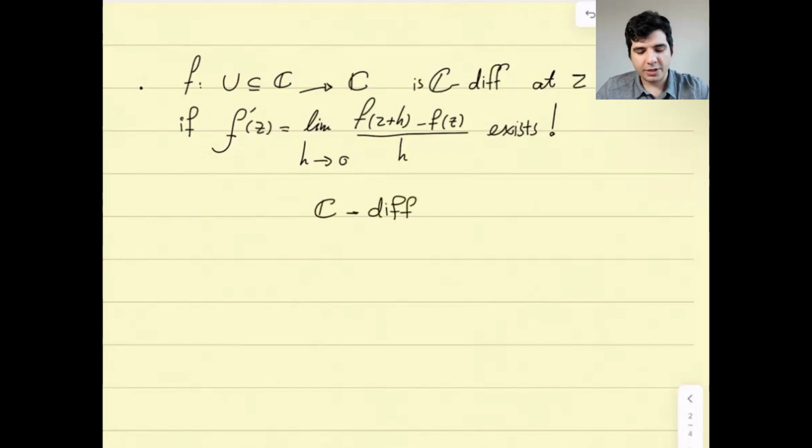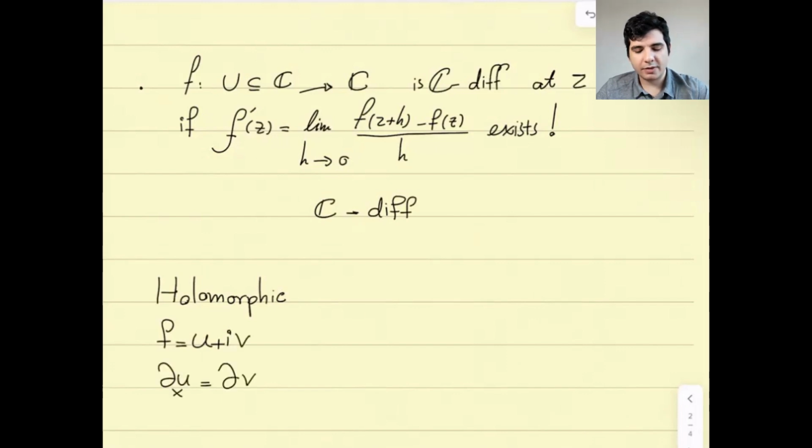We learned another notion. We say a function is holomorphic if it satisfies the Cauchy-Riemann equations. So if you write f as u plus iv, this means the derivative of u with respect to x is the derivative of v with respect to y, and the derivative of u with respect to y is equal to the derivative of v with respect to x with a minus sign.